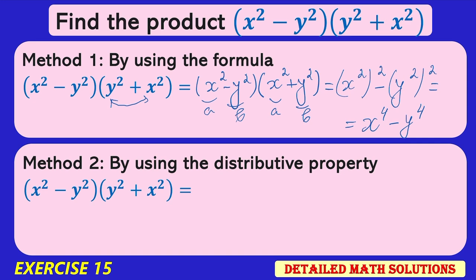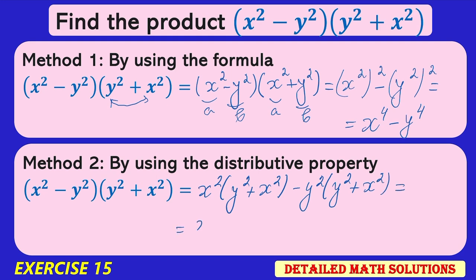When I use the distributive property, this equals x squared multiplied by y squared plus x squared minus y squared multiplied by y squared plus x squared.